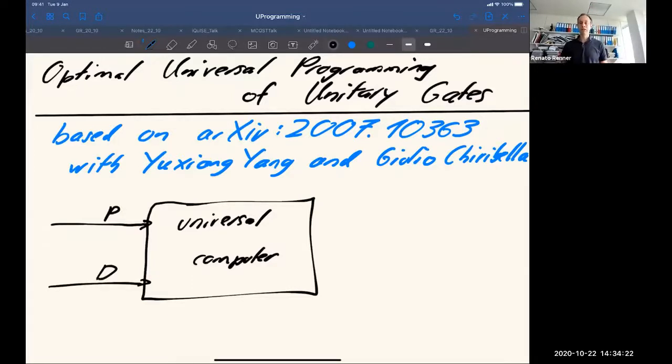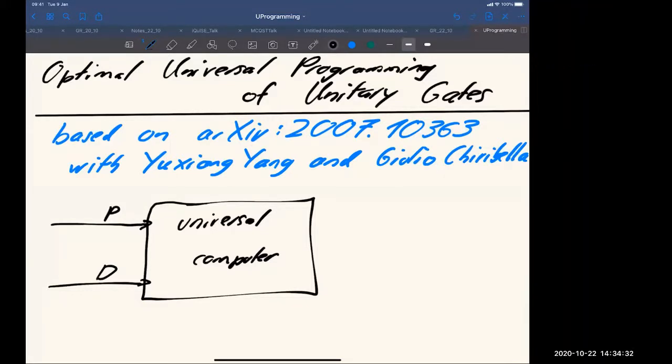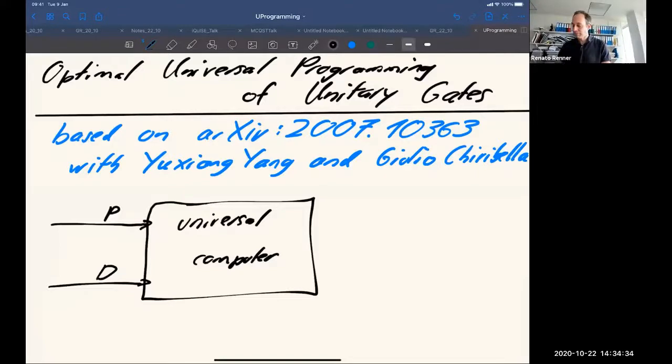I guess this distinction is very clear for everyone who uses computers or programs computers, that of course the program is something we can input to the computer, but at the end we also feed some data into it on which the algorithm runs. And then usually we also, of course, want to have an output, and I also call this D because I will already now use a formalism that is quite usual in quantum information, that we have registers, and if I have, for example, a circuit running on certain registers, then I don't relabel the registers while I'm running the circuit.